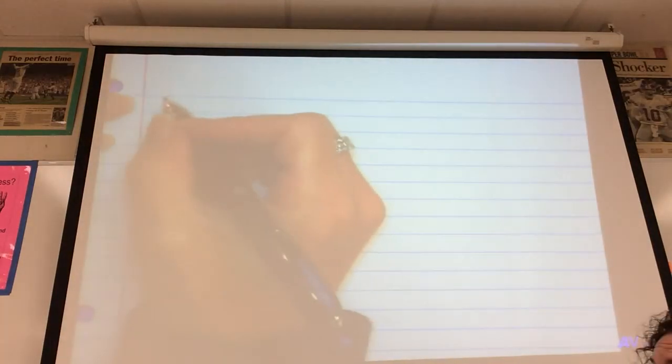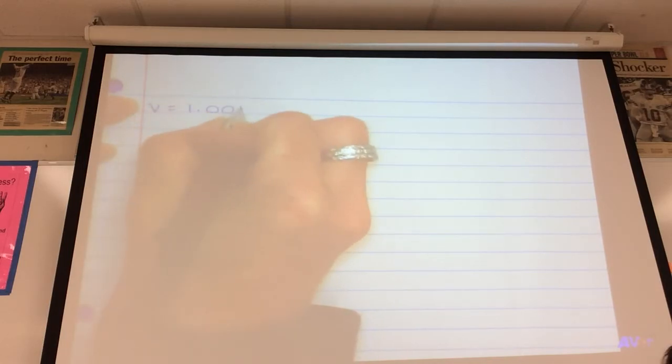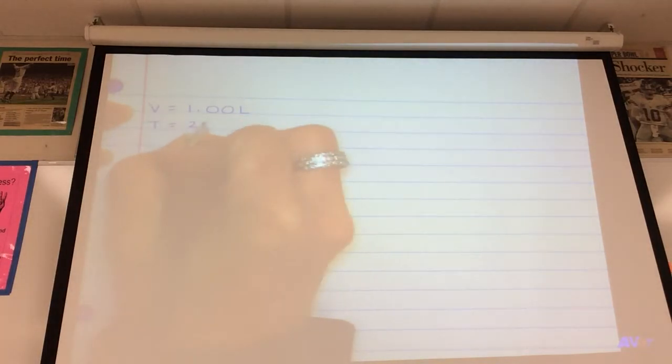It says a 1 liter sample of dry air. So the volume is 1 liter. At 25 degrees Celsius, so 298 Kelvin.